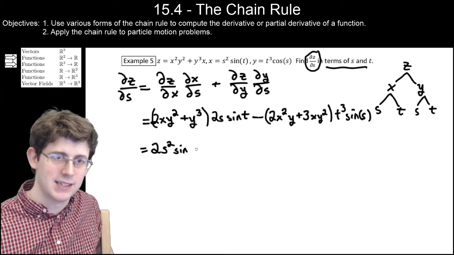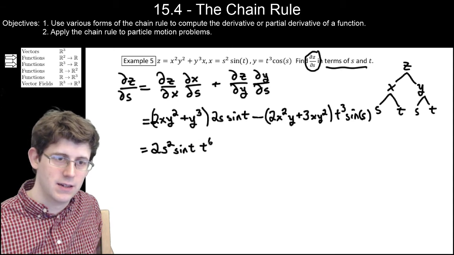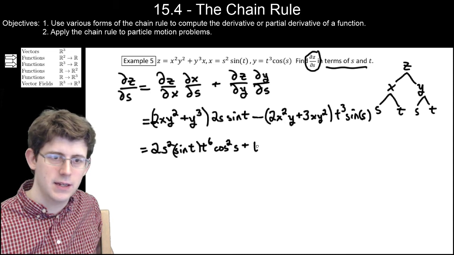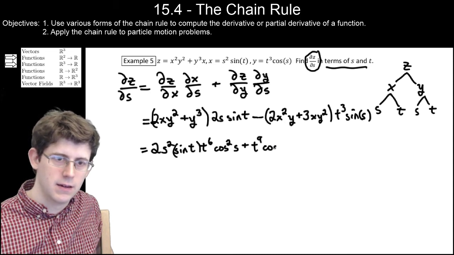So 2x y squared plus y cubed times 2s sine t.